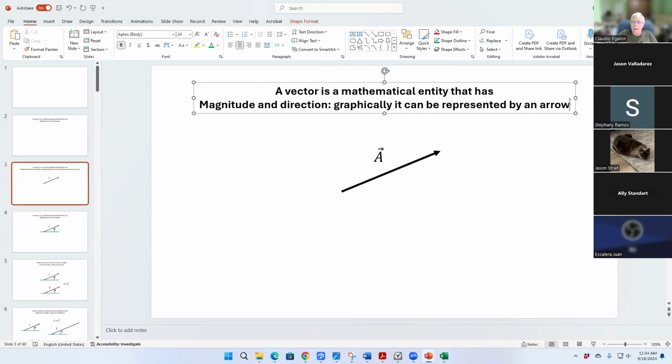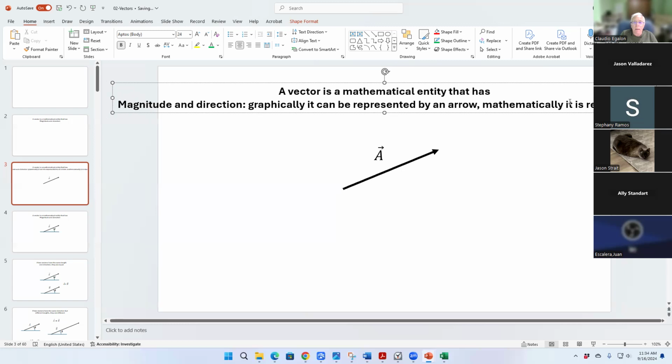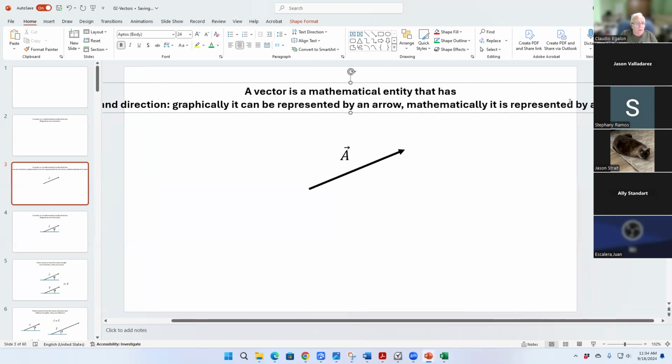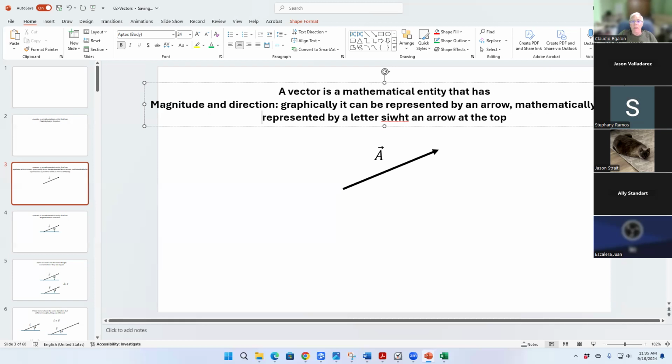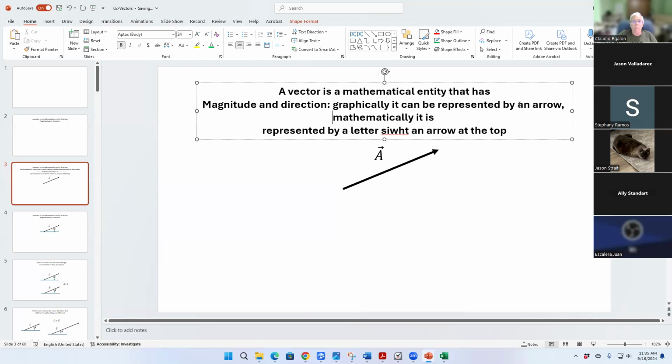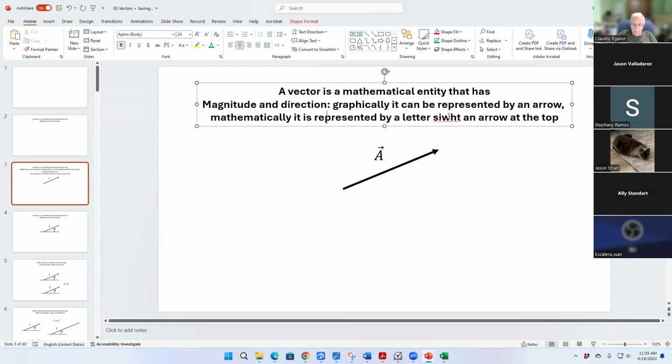Mathematically, it is represented by a letter with an arrow at the top. Okay, so graphical representation of a vector, mathematical representation of a vector.